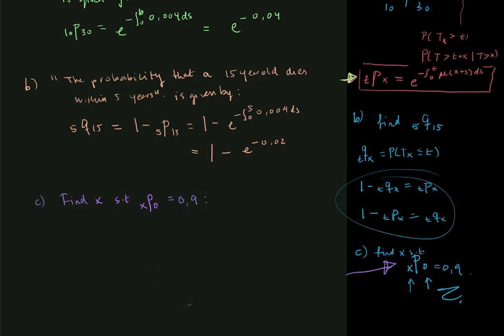Now, we do this by writing up the expression of the probability of a newborn surviving the next X years, and then we isolate X in this.